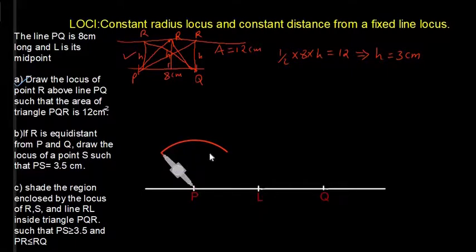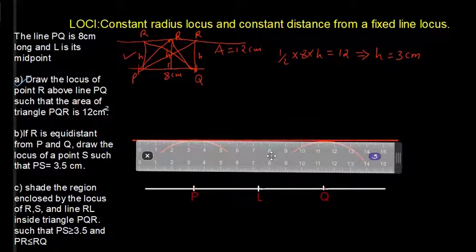And once that is done, repeat the same procedure with point Q. So we have it as follows. And once that is done, put the pair of compasses aside.